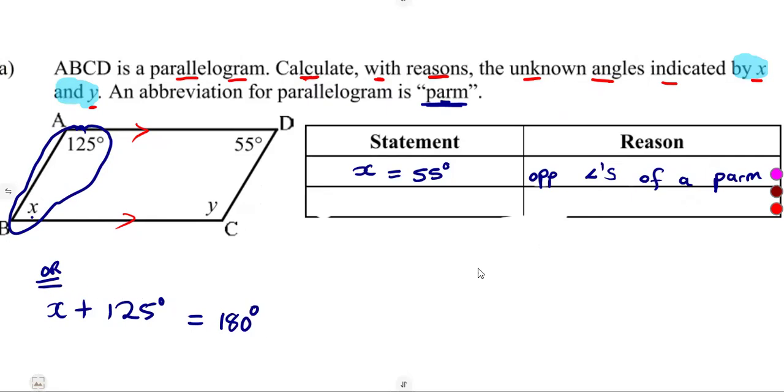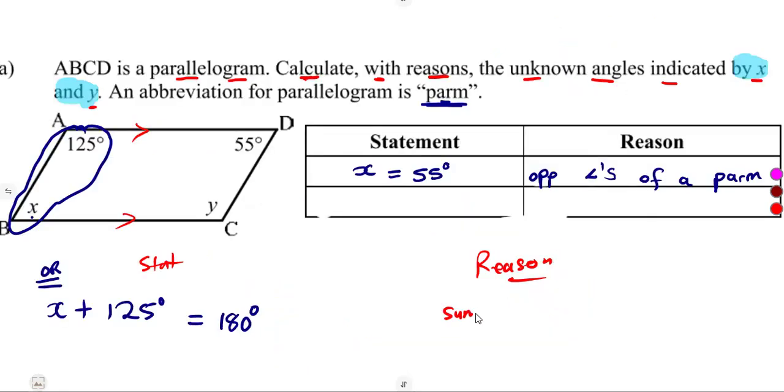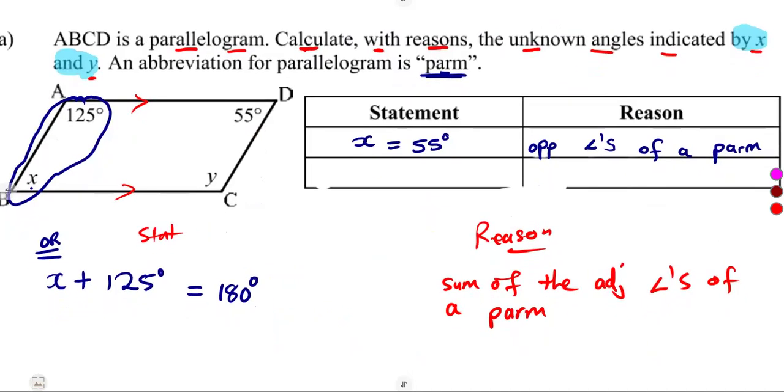So this is your statement. What about the reason for that? The reason is from the properties of the shape. Sum of adjacent angles of a parallelogram. The sum of these adjacent angles, they add up to 180 degrees.